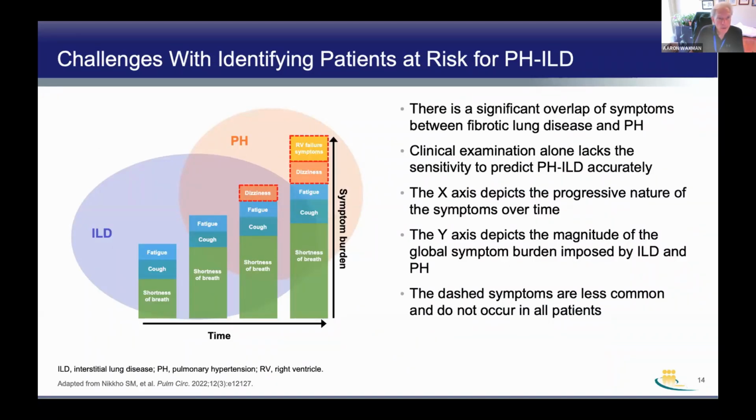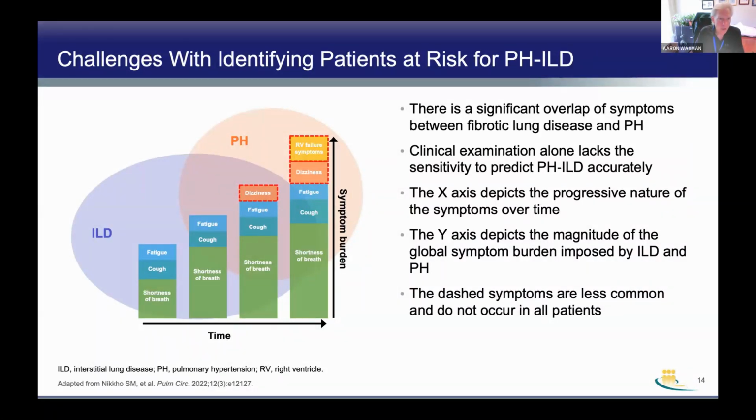There are also challenges with identifying patients who might be at risk for PH-ILD. Really, the symptoms do not overlap in a clean way. All patients present with shortness of breath, regardless of how extensive one disease is or the other. I think clinical examination also lacks any clear sensitivity to predict those patients who may develop PH-ILD.